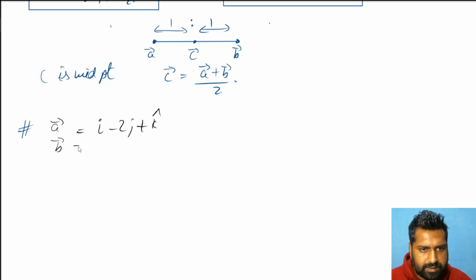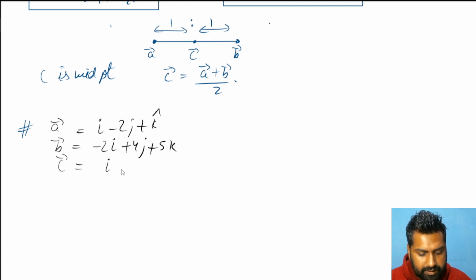B vector is minus 2i plus 4j plus 5k. Your C vector is, let's add three vectors, i cap minus 6j cap plus 7k cap.